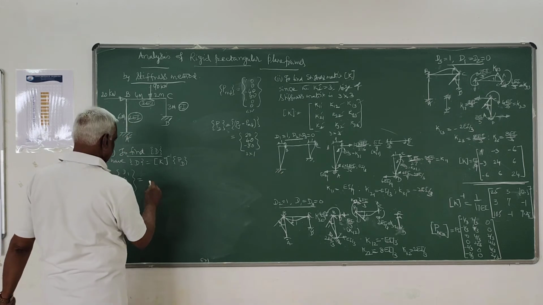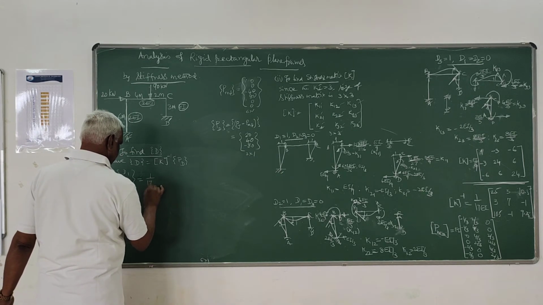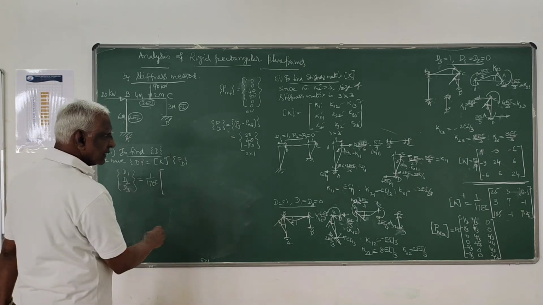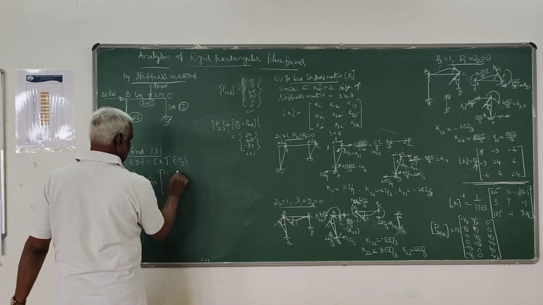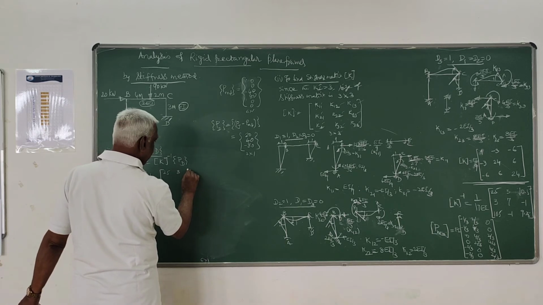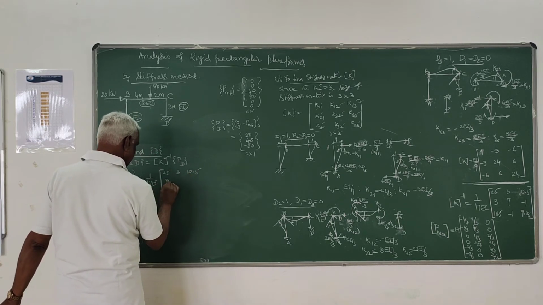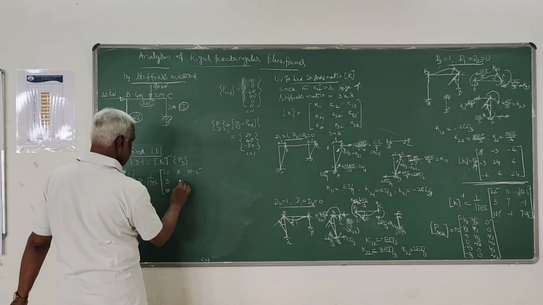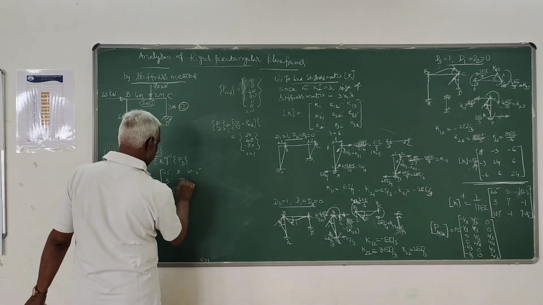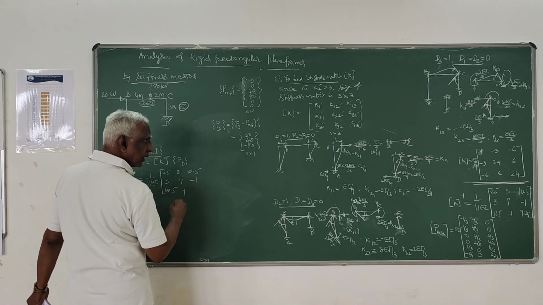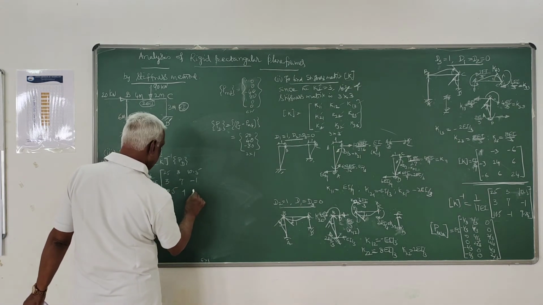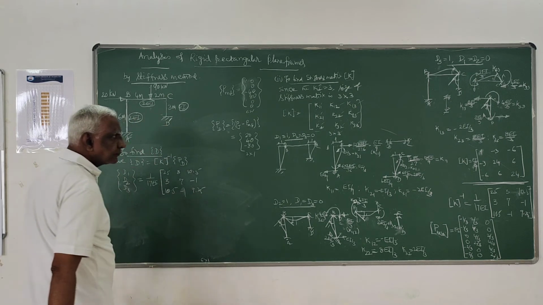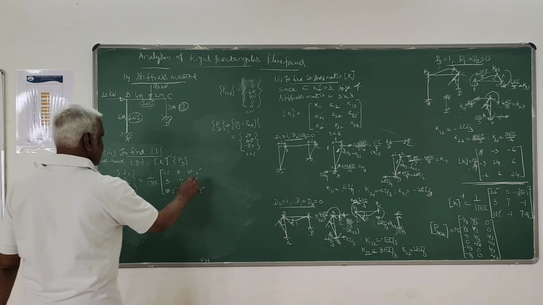K inverse is 1 over 17 EI into 25, 3, 10.5, 3, 10.5, then 7, minus 1, minus 1, and 9.25.